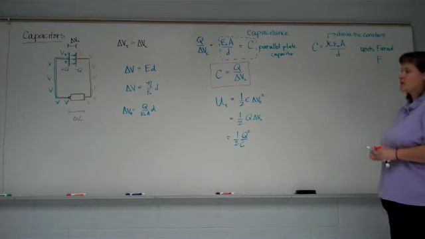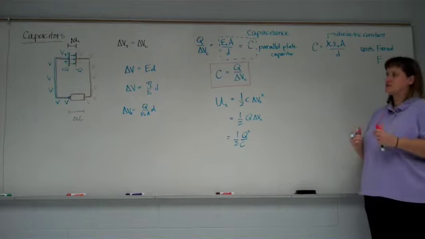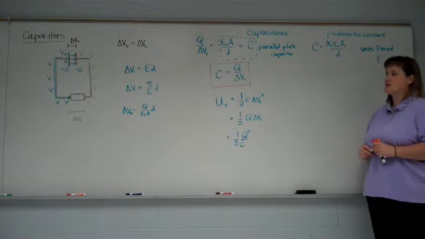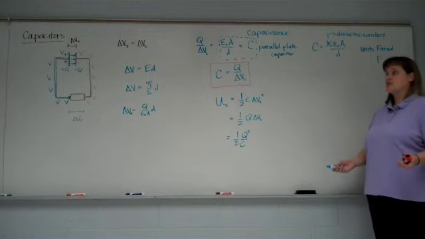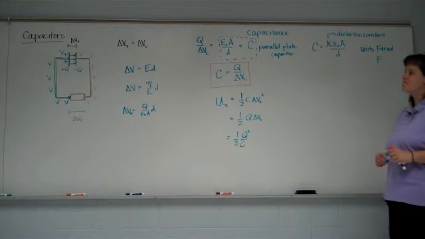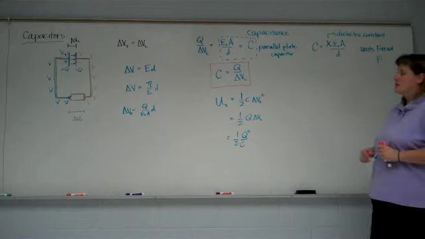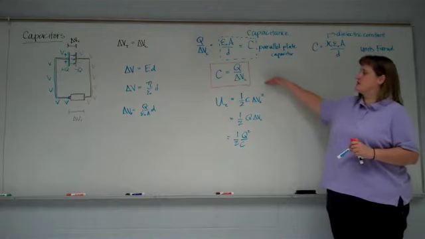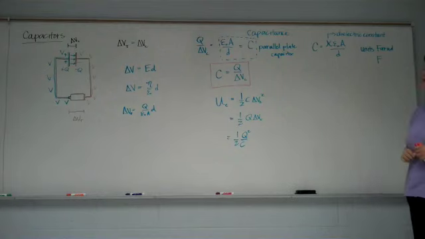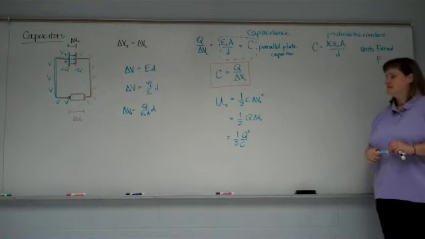So there's potential energy stored in that capacitor as long as there is charge on the plates. If there's charge on the plates, that means there's a potential difference. Okay. So these 2 equations are going to be very handy as we look at capacitors. Questions so far?